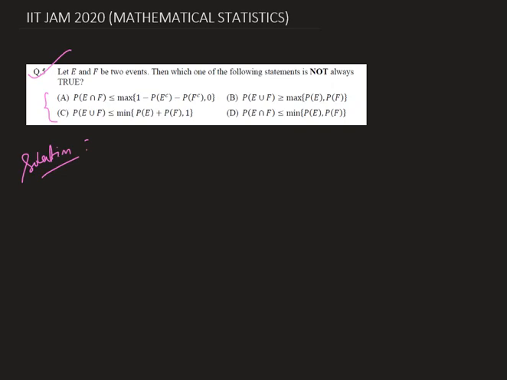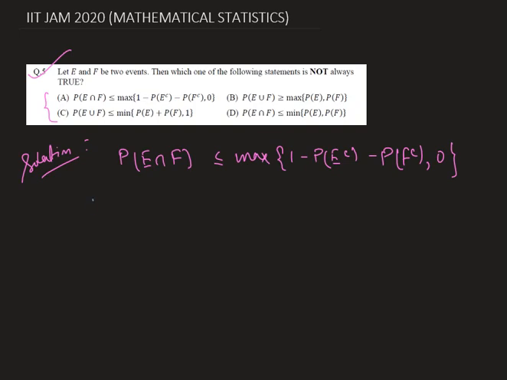So first of all, check the first option, that is probability of E intersection F is less than equals to max of 1 minus probability of E complement minus probability of F complement, comma 0.